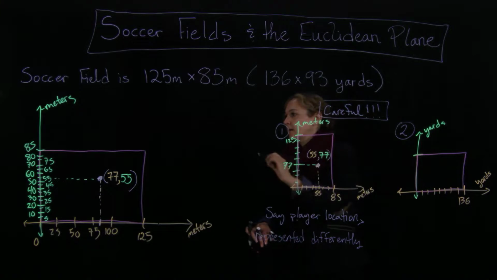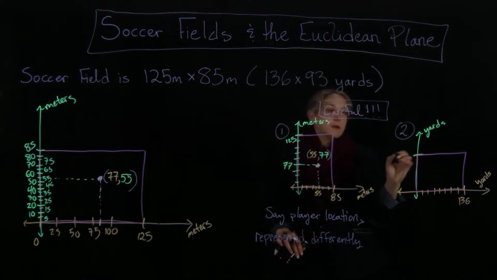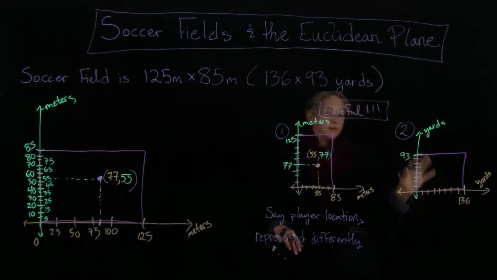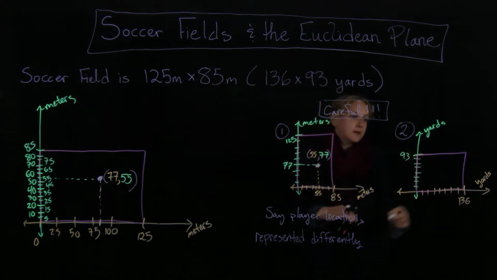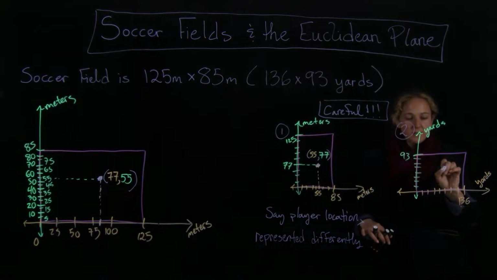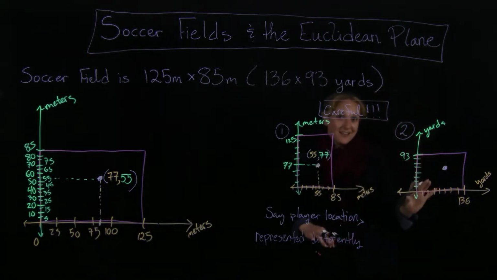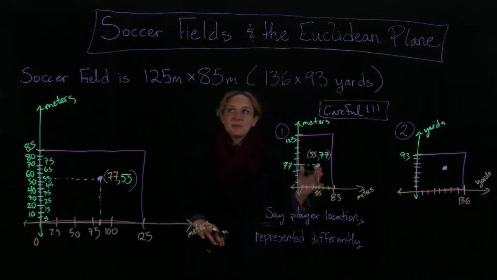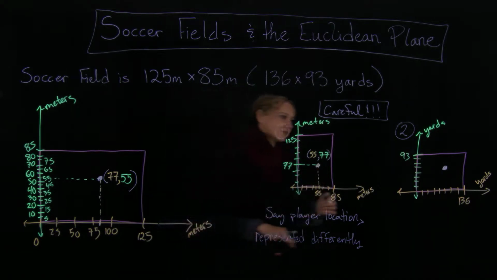And here, this is no longer 85, it's 93. And then you could actually compute the same point here. So our same point will have different coordinates again, and you're going to actually have to translate them by the translation between yards and meters.